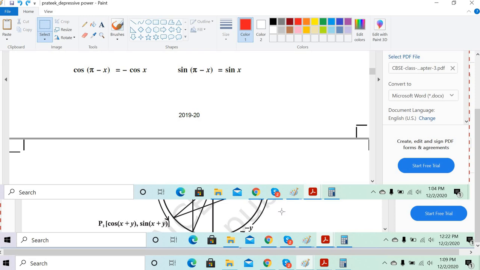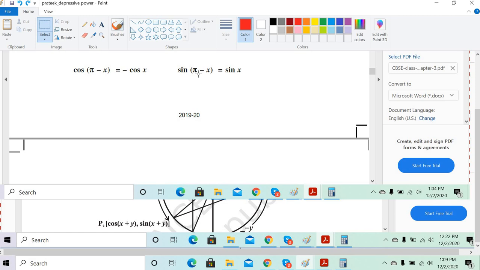But here it says sine pi minus x, so it's negative x. How is it coming in the second quadrant? Okay, so pi minus x. See, pi is positive, no?